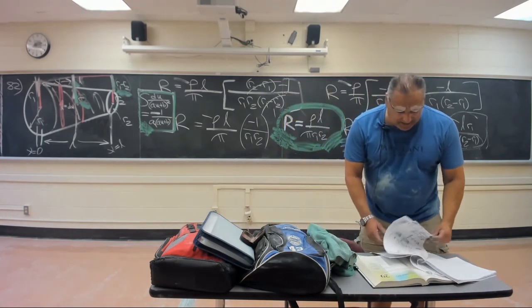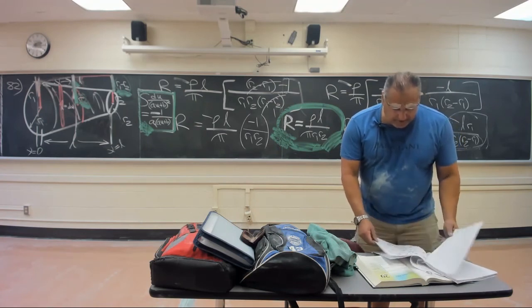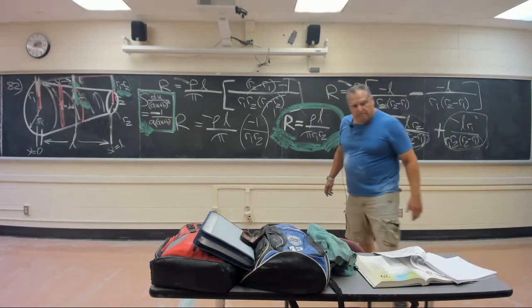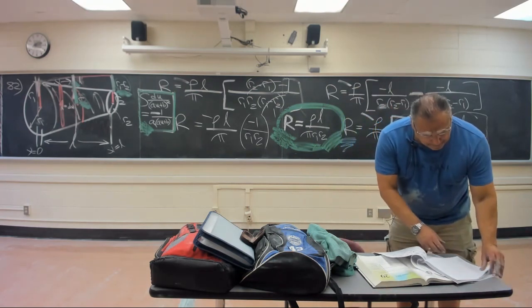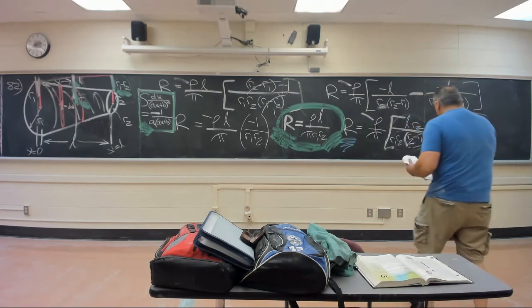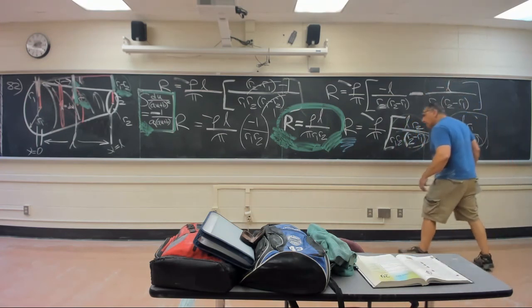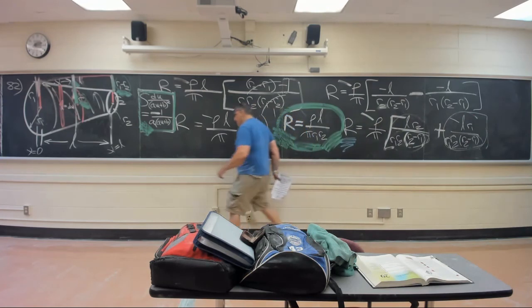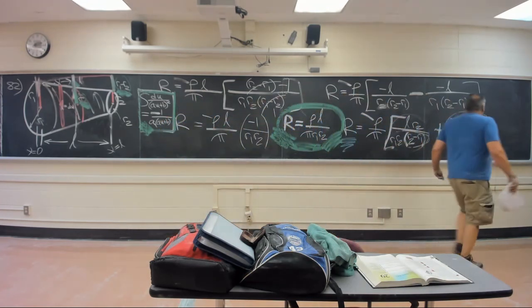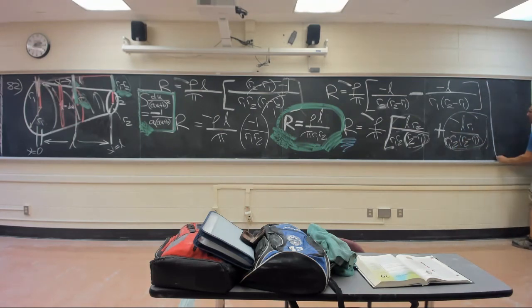And what's fascinating about this thing being the answer is, isn't it true that R equals rho times L over A?